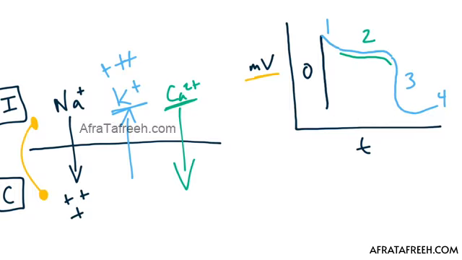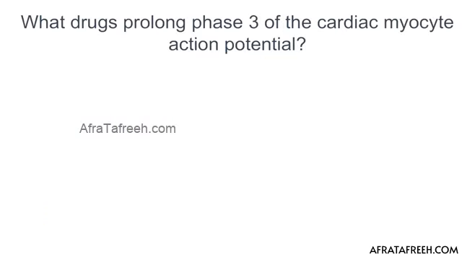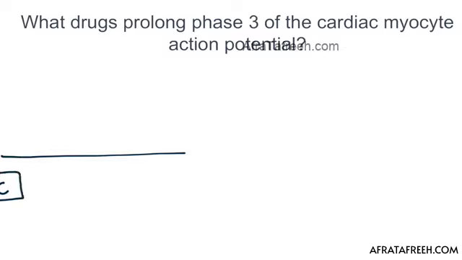Okay, let's do an example. What drugs prolong phase 3 of the cardiac myocyte action potential? Before we answer the question, let's draw this out. Again, this is the cell membrane, the cytosol, and the interstitium.